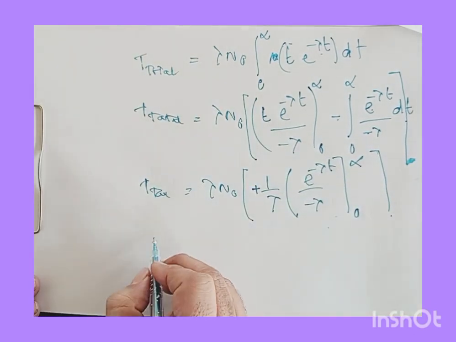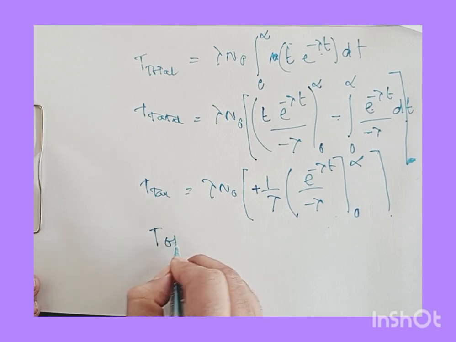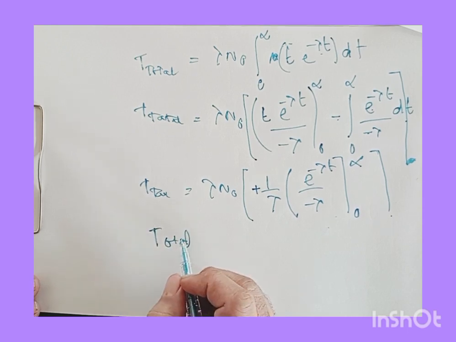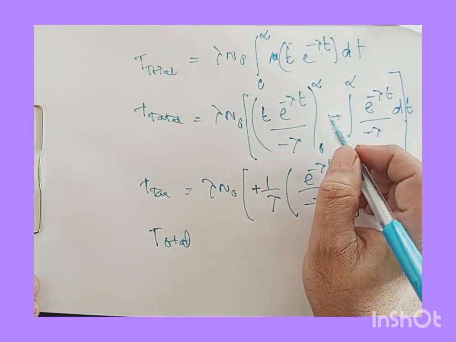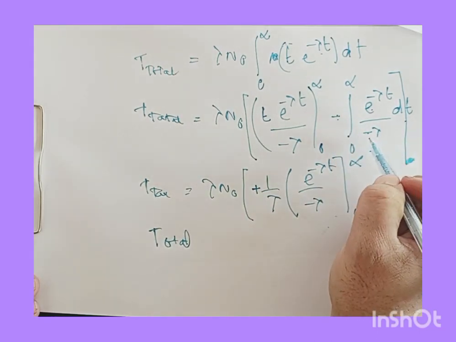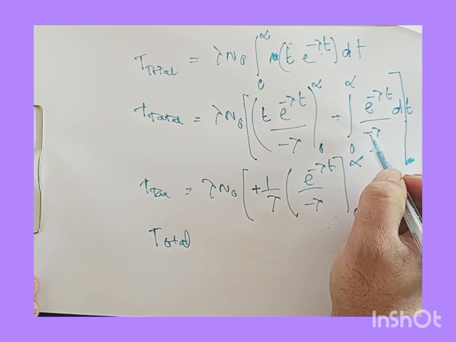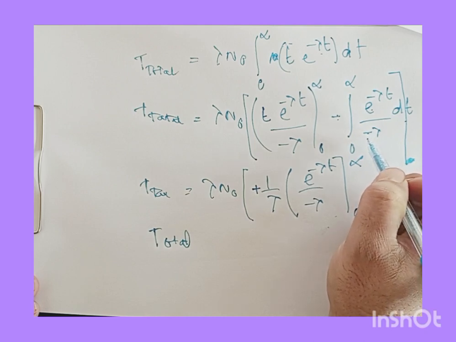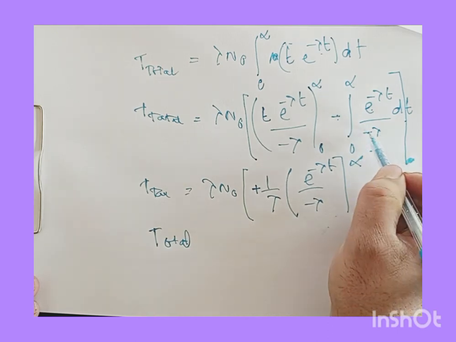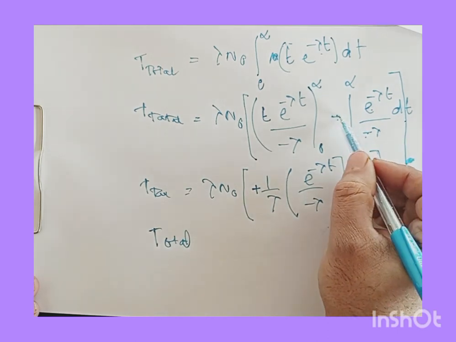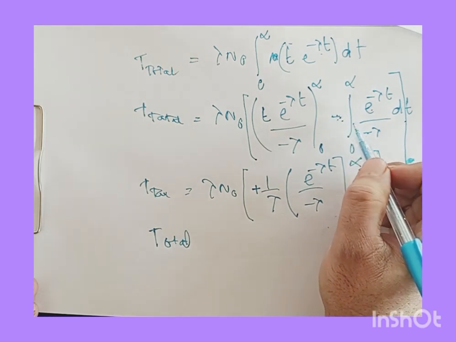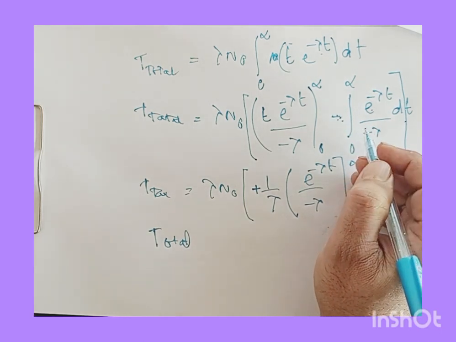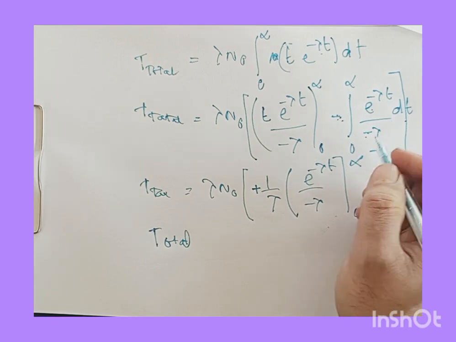All right, so what I will have is T total. Here this minus will be converted into plus by the first integration, and the second integration will go with that.